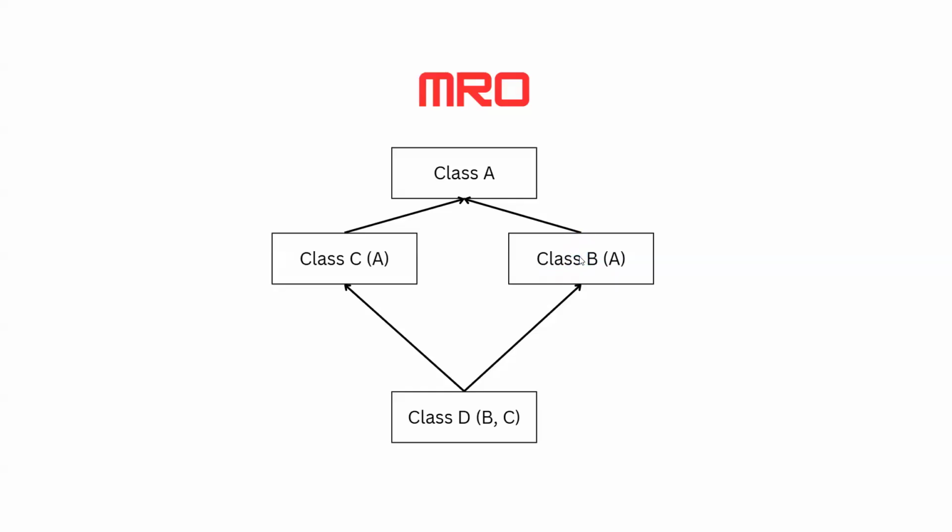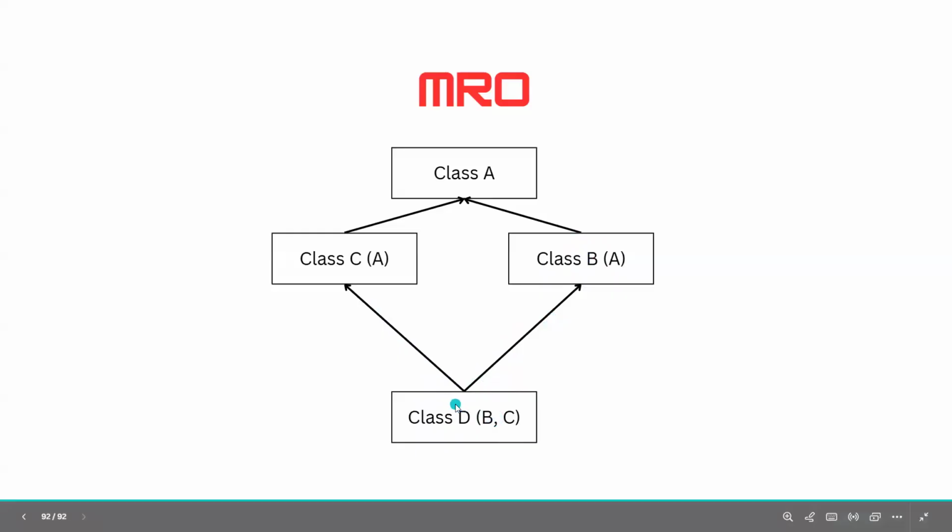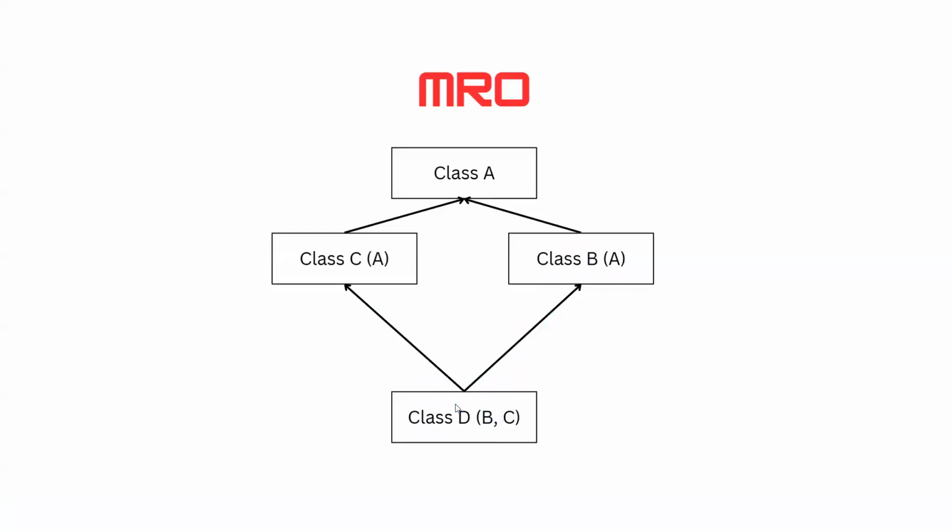Now if I do multiple inheritance here in the D class, then we are inheriting B and C class in D. Now when we call that particular show method, D dot show, our code will get confused.